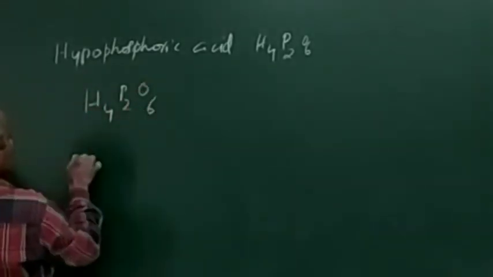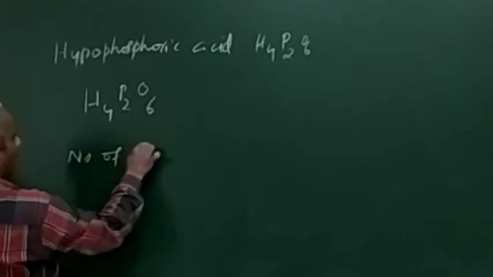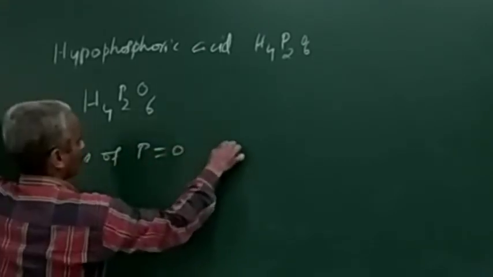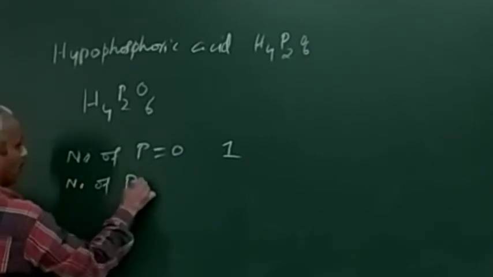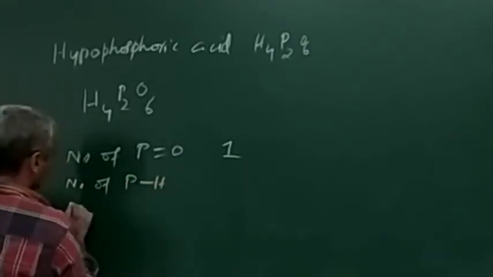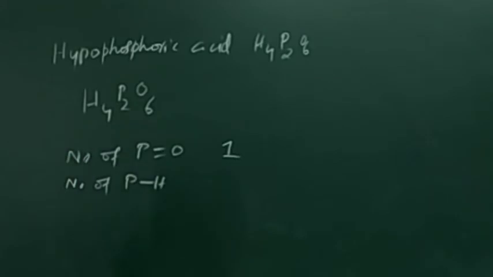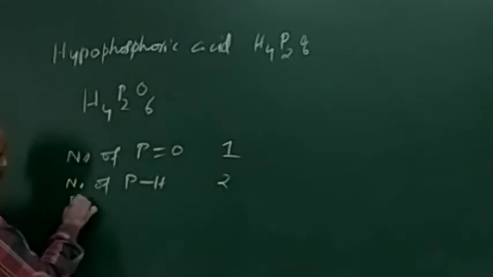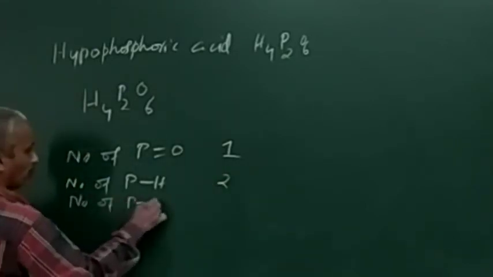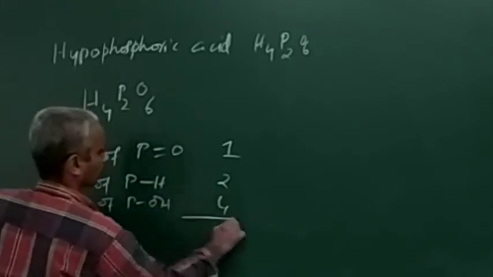H4P2O6, number of P double bond O is 1, number of PH bond is two, number of POH bond 4. Note it.